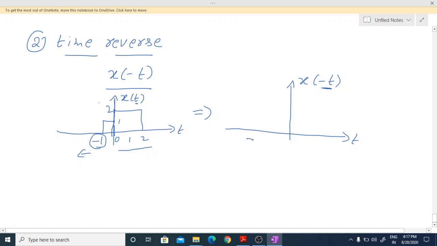Once we do this time reversing operation, we get the reversed signal. The amplitude does not change, only the time changes. So minus 1 will be moved to plus 1, and 0, 1, 2 will become 0, minus 1 and minus 2, and the corresponding amplitudes are the same. So at the center position, the signal will be interchanged.